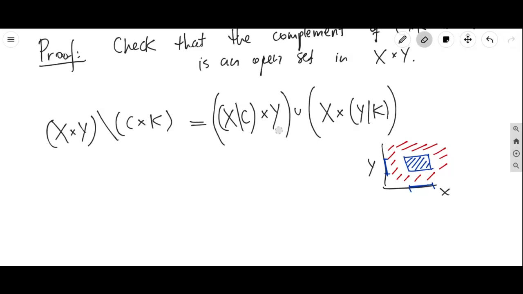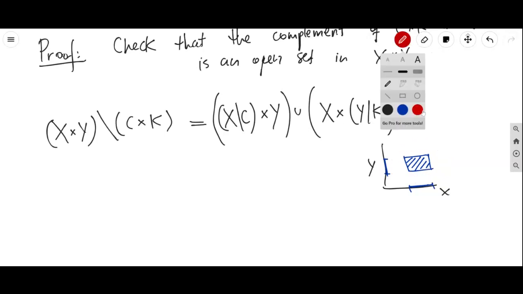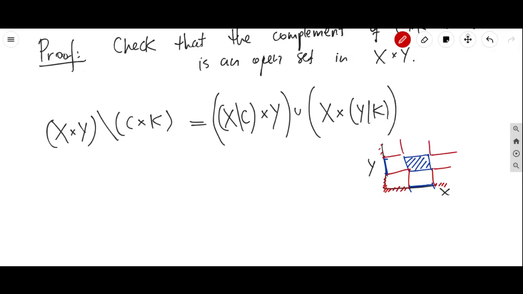You can do this without pictures, but I think the pictures help you see this. You want the stuff that's outside. So to get the stuff that's outside, let's maybe shade it in like this. If you shade it in red, and you shade this in red, and then you draw what you get, you're getting this piece, right? That's the piece that you're getting. And also this as well.